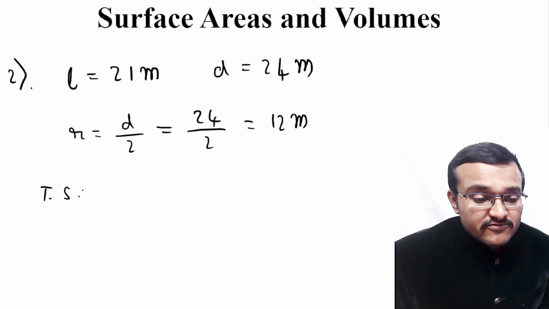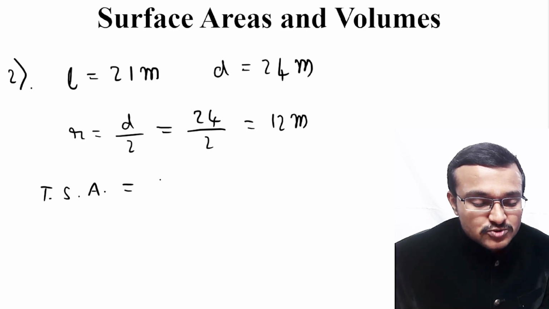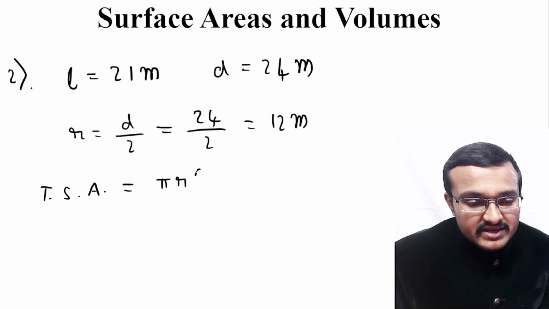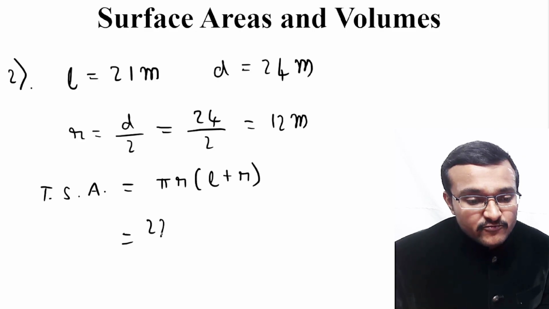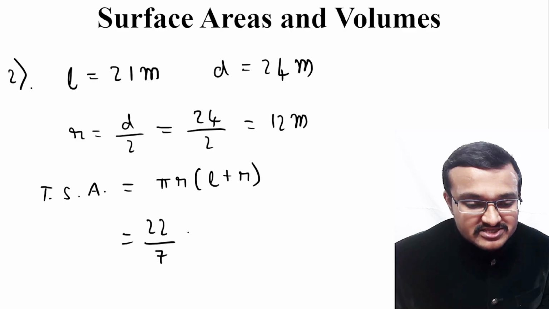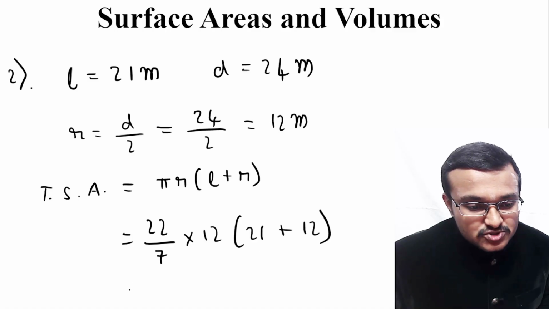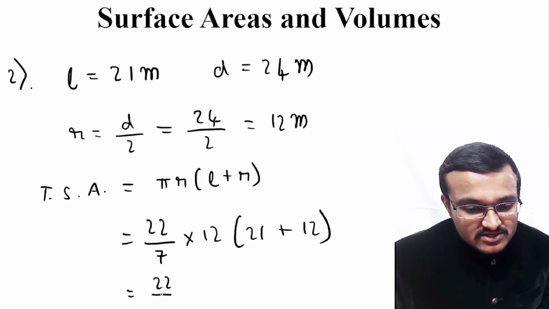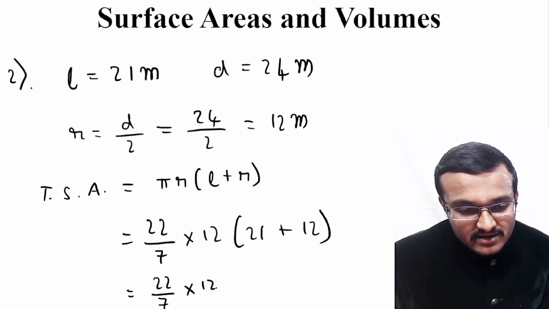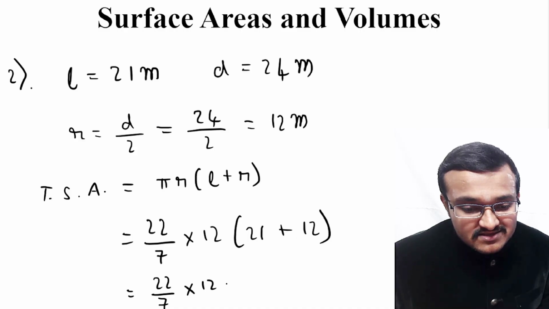What is the formula for total surface area? The total surface area is pi r into L plus r. So here the value for pi is 22 by 7, into r is 12, into length L is 21 plus r is 12. So what is 21 plus 12? So 22 by 7 into 12, into 33, since 21 plus 12 is 33.